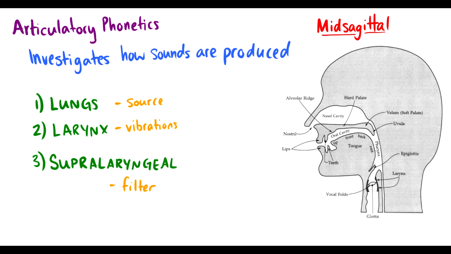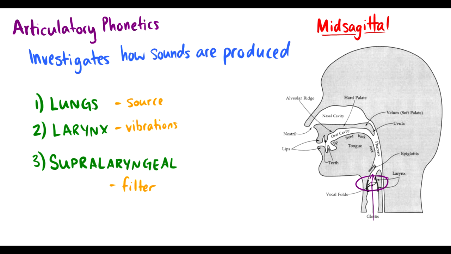So with sounds, your sound first starts somewhere down in the lungs. Obviously, we don't have the lungs here, but it makes sense. Your first part of your speech starts with the air in your lungs, and that's what we call the source. Then it moves up through the larynx. And in this area right here, either your vocal folds will vibrate or they won't.